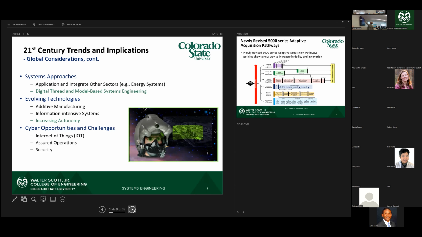And these evolving technologies that we need to be able to keep together are adaptive manufacturing and additive manufacturing. Those are two different things, but very similar, because adaptive manufacturing is when you can actually change things out, and there's artificial intelligence built into the manufacturing part of it, and it can actually adapt to whatever product you're trying to make.